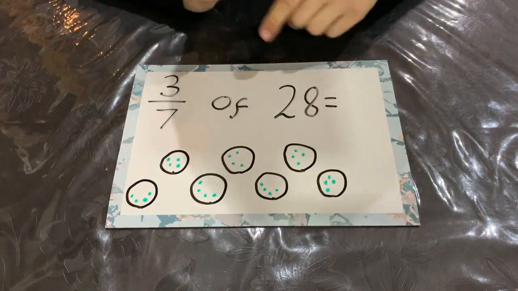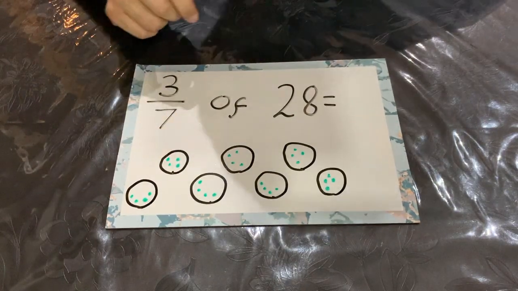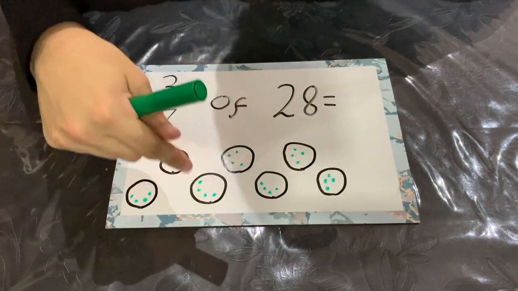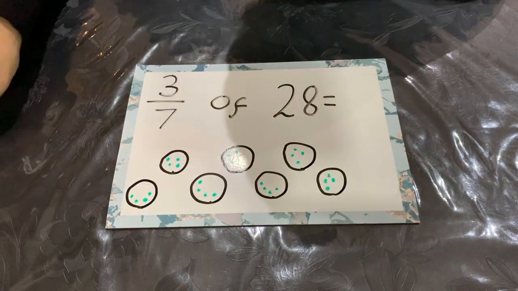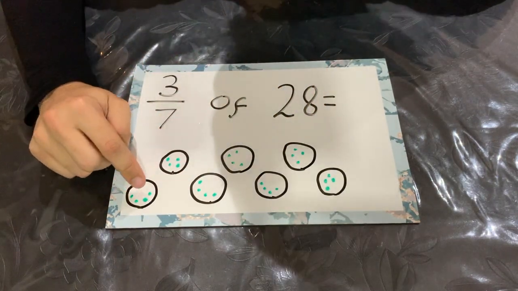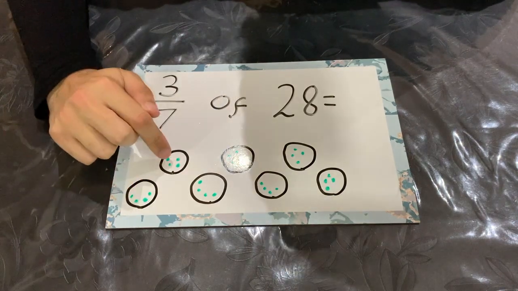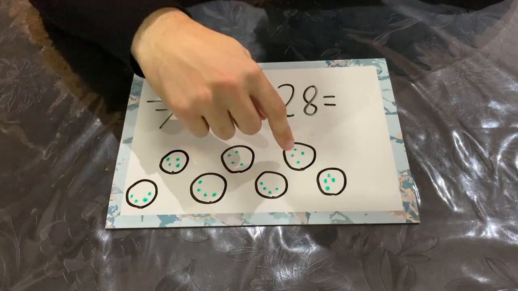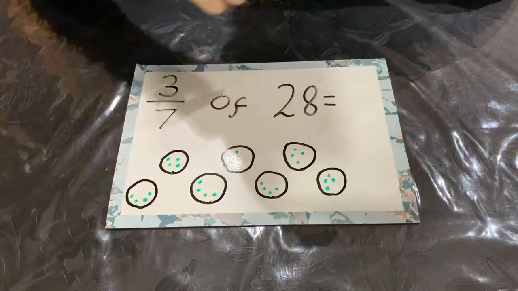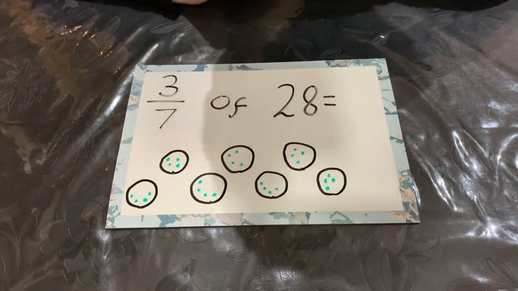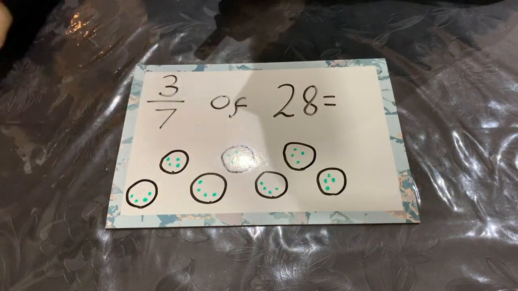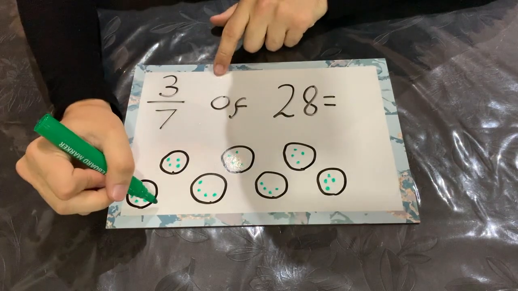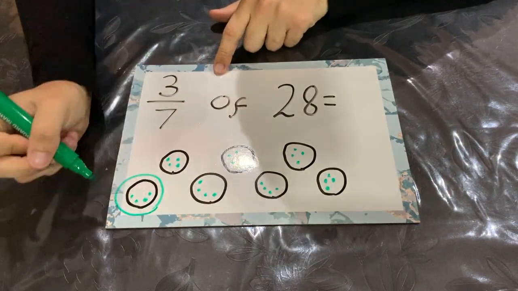Now I've reached my number, which means every group should have the same amount inside. If I look at them, I can see that there are 4 dots in every single group. If I was looking for 1/7, I would only need 1 of my circles.